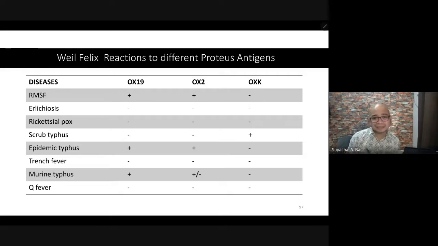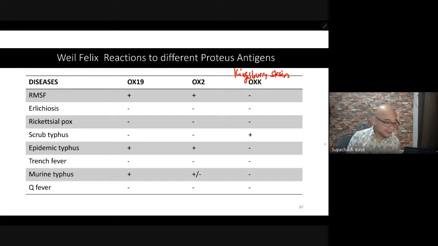The Weil-Felix test uses three types of Proteus antigens. These are OX19, OX2, and OXK. And OXK is actually a Kingsbury strain of Proteus antigen.